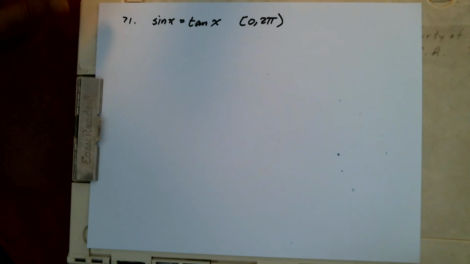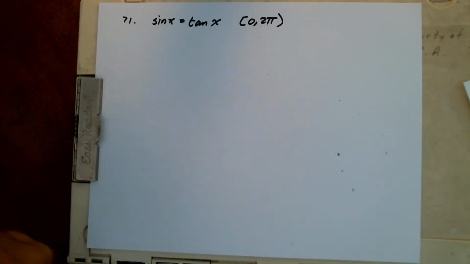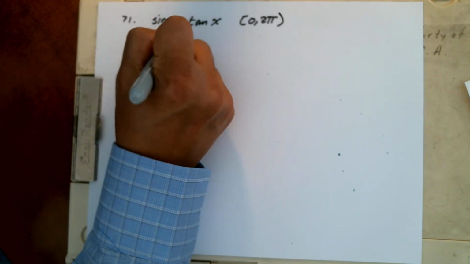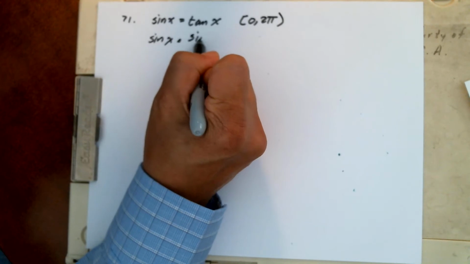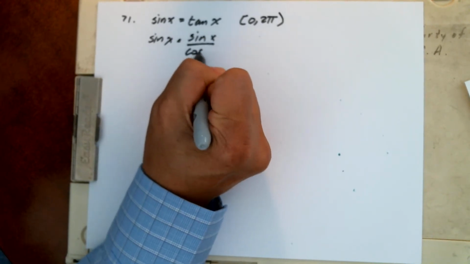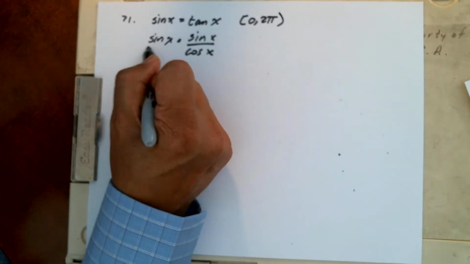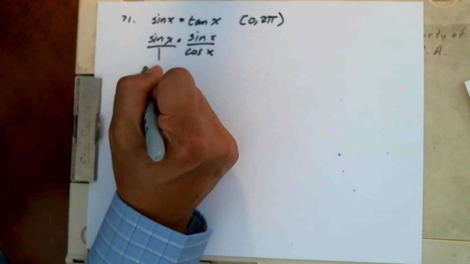Last question. How do we solve this out? First of all, we know that tangent of x is going to be sine of x over cosine of x. If you have something that's equal to another ratio, just put over 1, cross multiply.